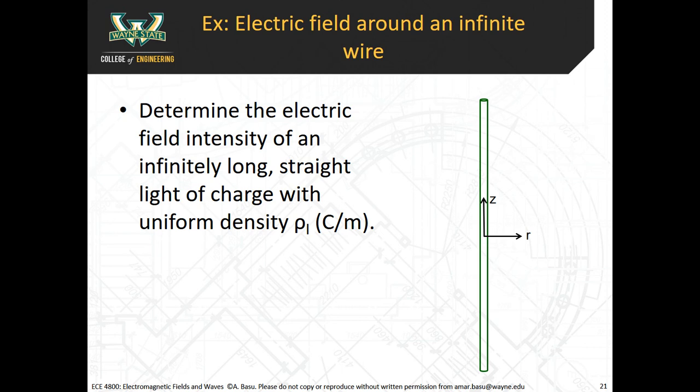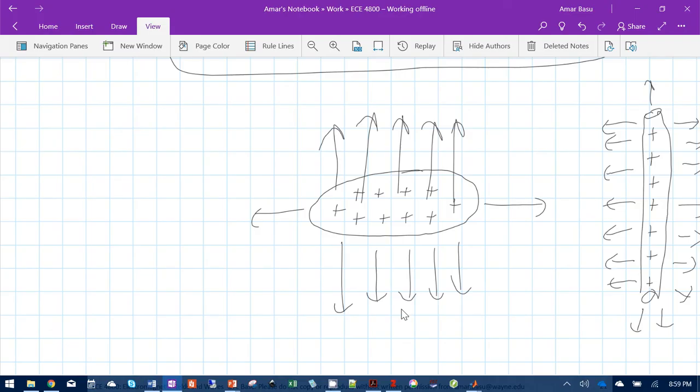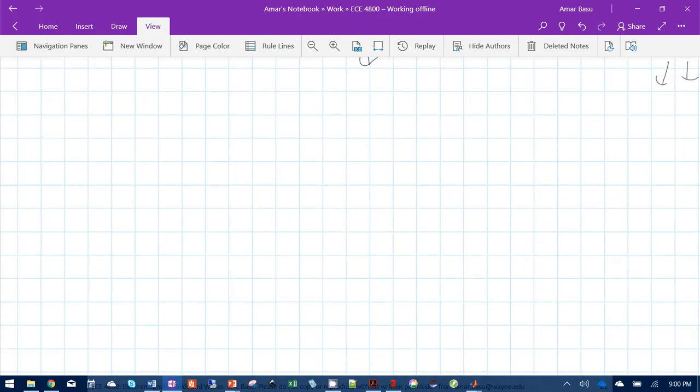You're asked to find the electric field intensity of an infinitely long straight line of charge with uniform density rho L, coulombs per meter. So this is a line charge density. Let's draw this problem out here. This line has a bunch of positive charges on it.